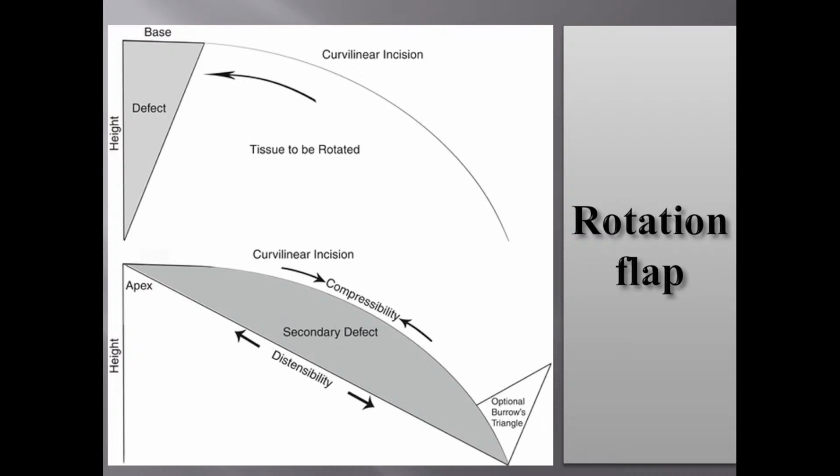And here you can see on this slide different positions and incisions, how we can do and how we can rotate these flaps. Studies by Larrabee and Sutton have demonstrated minimal benefit at the defect site of extending the arc of rotation flaps beyond 90 degrees from the axis of the defect.